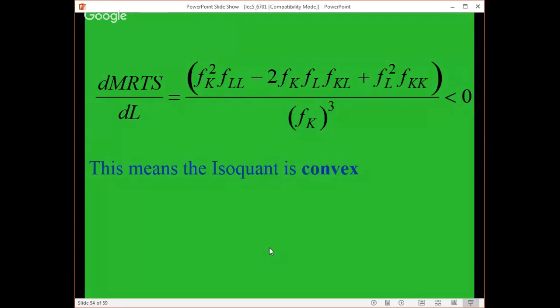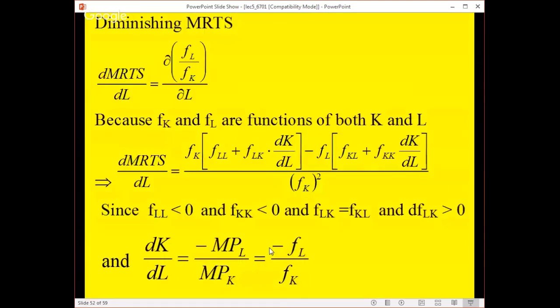So I have negative, negative, negative, making this negative, which means that the marginal rate of technical substitution with respect to labor, and we can do the same thing with capital, is negative. And what that gives me is diminishing marginal rates of technical substitution, in the same way that diminishing marginal utility gave me diminishing marginal rates of substitution. Okay. Questions?